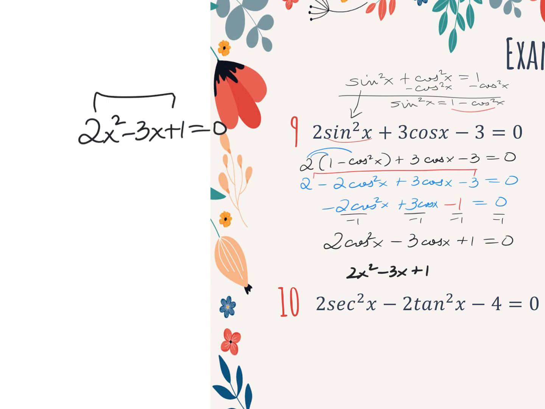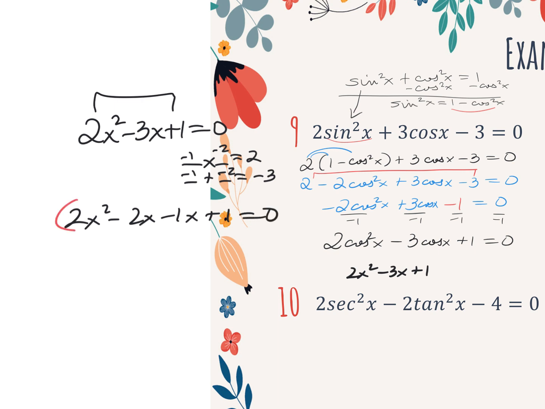So if I multiply the beginning and the end, I'm looking for 2 numbers that multiply to give me 2, but who will add to give me a negative 3. Those factors are negative 1 and negative 2. So 2x squared minus 2x minus 1x plus 1 equals 0. Make your groups. You could have also guessed and tested.